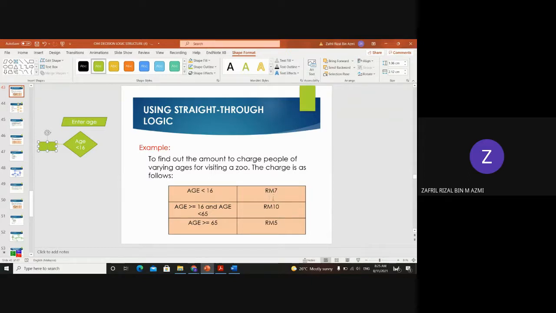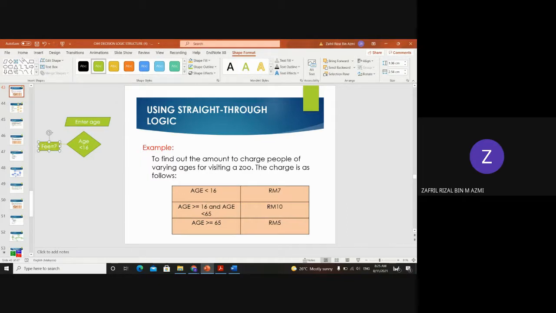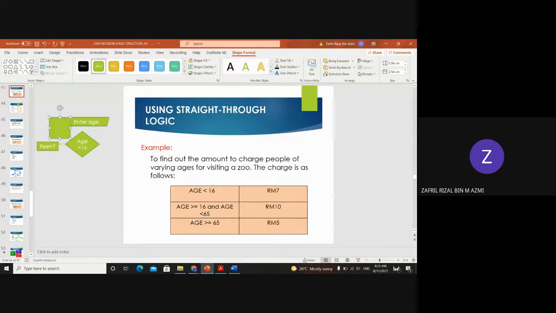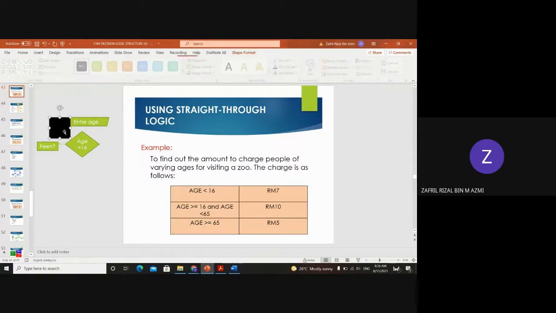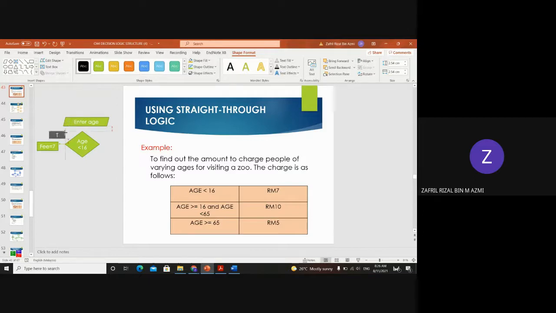So we need to store this so that later on, if we need this value again, we can recall it from the stored variable. For example, fee equal to 7. This is if it is true. So if it is false, what will happen?